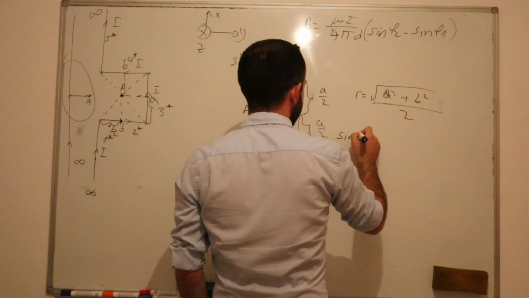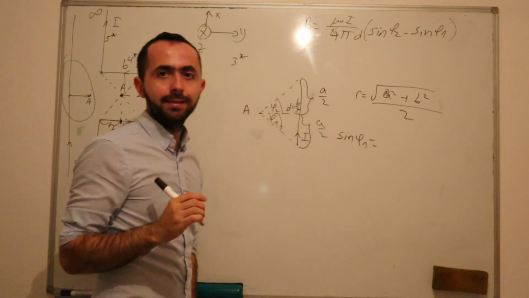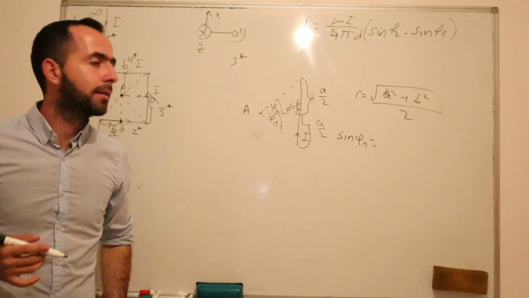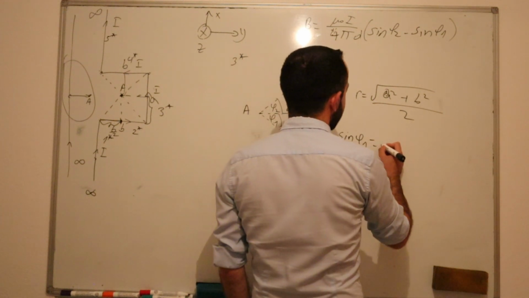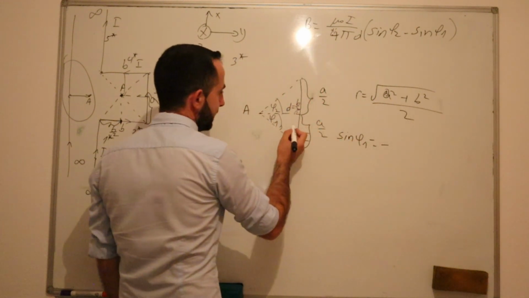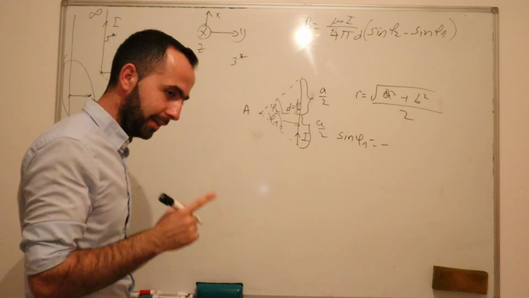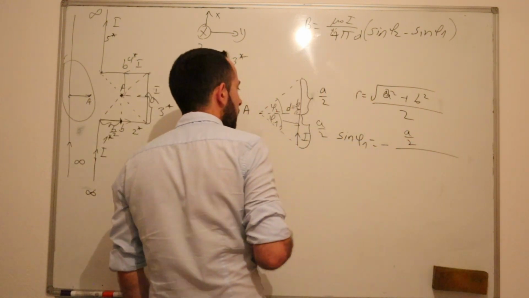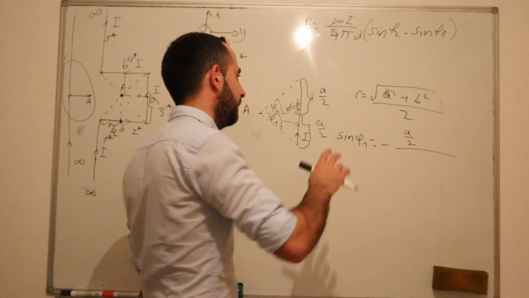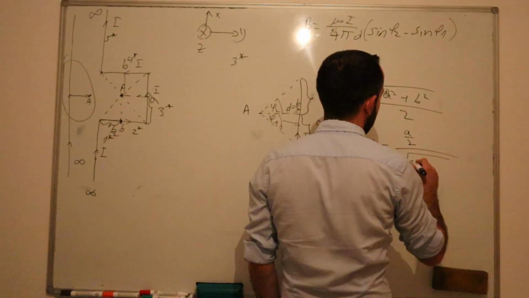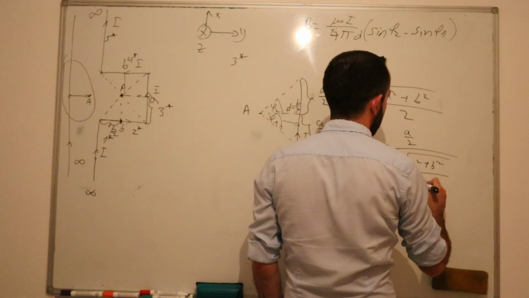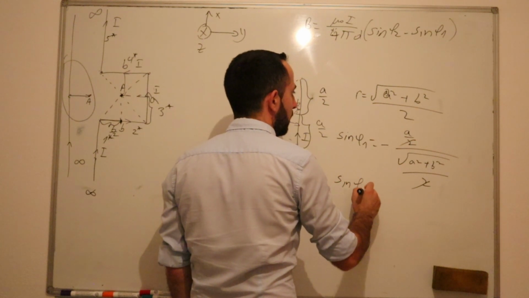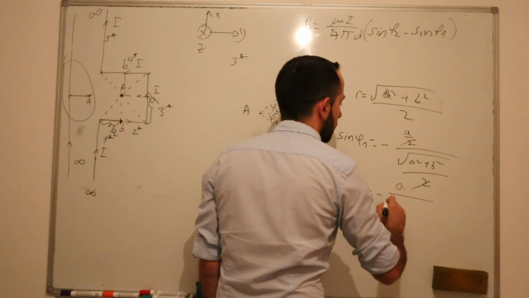So sine phi1, firstly let's see is it positive or negative. Because the current enters, this normal, it has a negative value, so it is minus its opposite side, a and a half, divided by the hypotenuse.